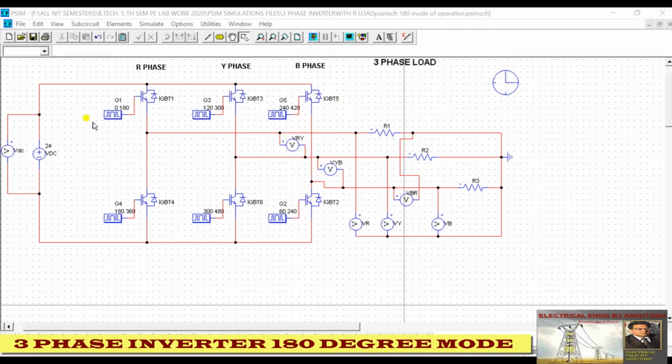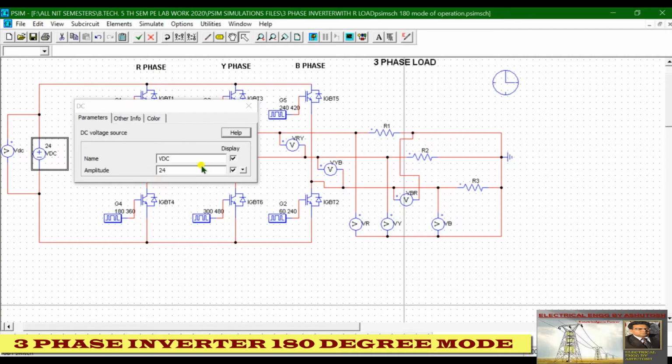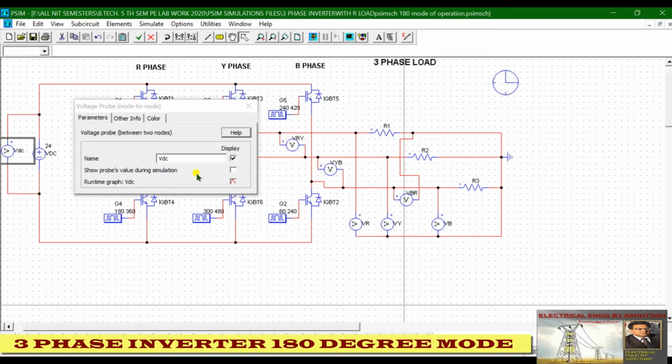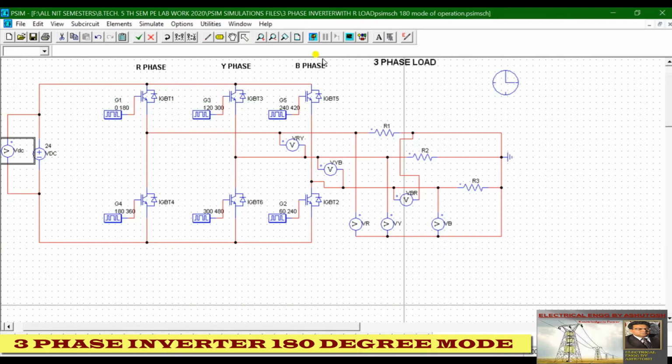We have provided a DC supply of 24 volts. We have named it VDC, and there is a voltage probe, also named VDC, which will measure the input voltage, but we are more concerned about the output waveform.